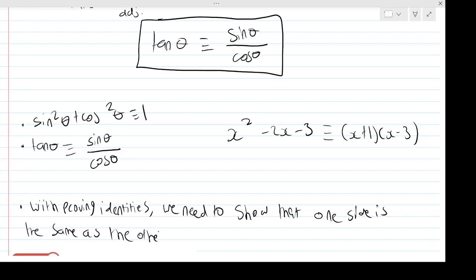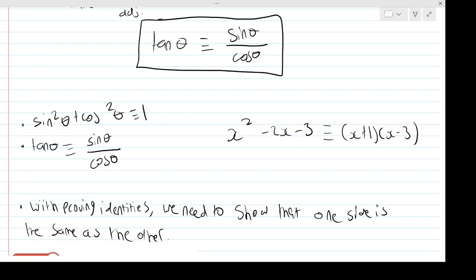Obviously it seems a bit obvious, but what I mean by that is, if we want to show that the left hand side is identical to the right hand side, we can only work with one side.